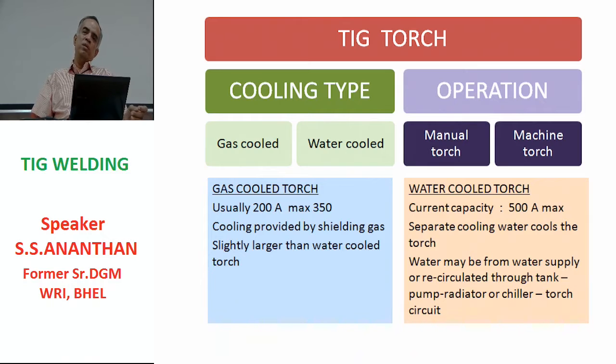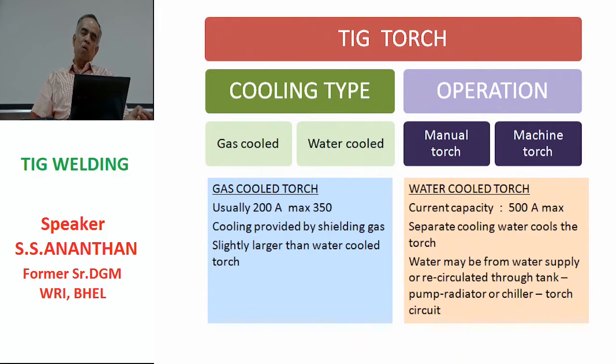Now, the water-cooled torch is the second type of torch, and these torches are very small in size, and since water is available in plenty, you are able to cool it very effectively. The current can go as high as 1000 amperes in some systems, but usually from 250 amperes it goes up to 350 to 400 amperes without any problem at all.